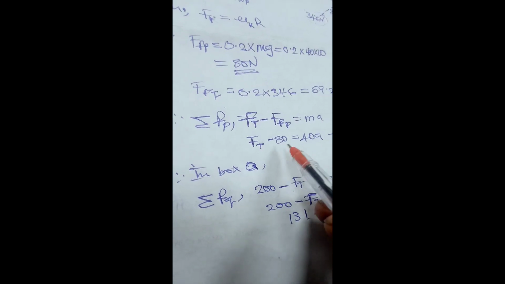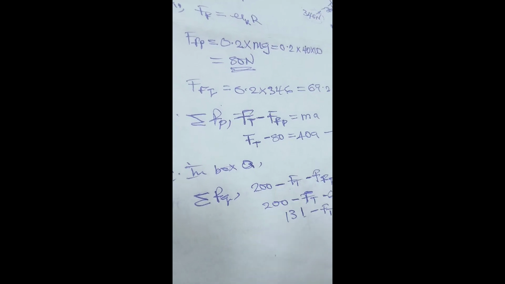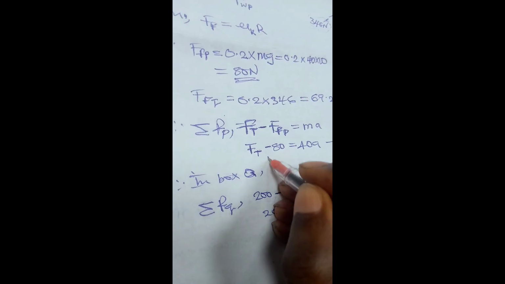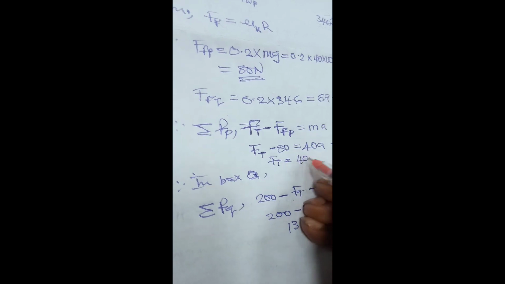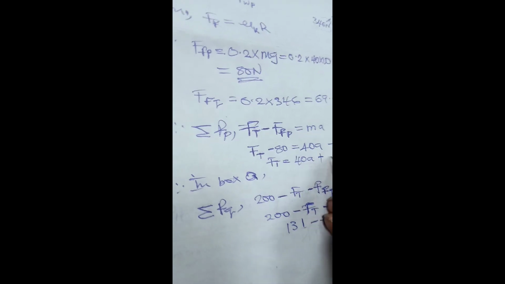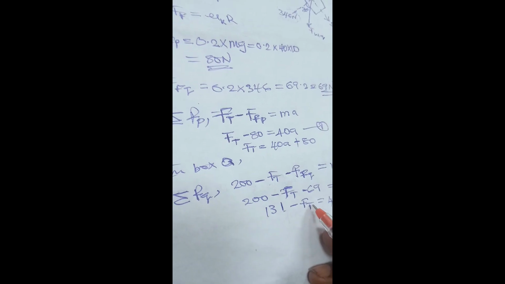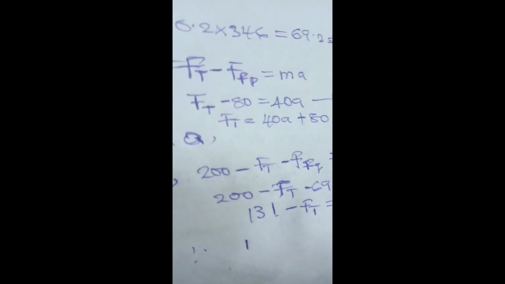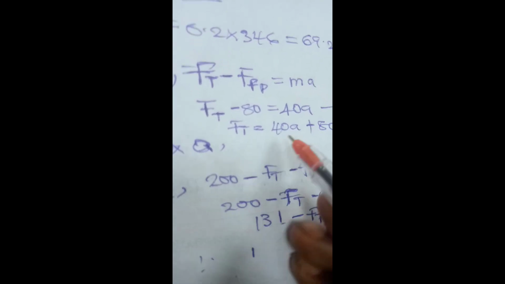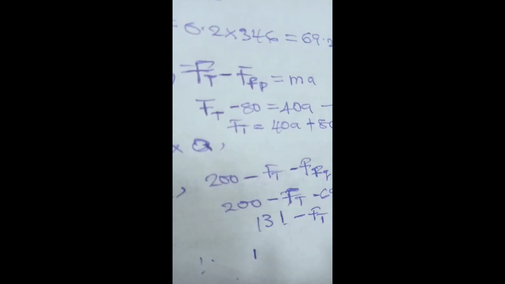Now if I make F T the subject of formula from equation 1, then I'll have F T is equal to 40A plus 80. So where I have F T in equation 2, I will replace it with 40A plus 80.